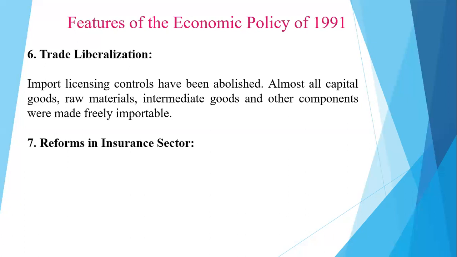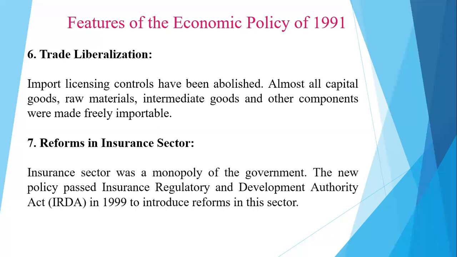7th feature, reforms in the insurance sector. The insurance sector was a monopoly of the government. The new policy passed the Insurance Regulatory and Development Authority, IRDA, Act in 1999 to introduce reforms in this sector. Under the government's FDI reforms for the insurance sector, the 4 public sector general insurance companies will be permitted to raise capital from the market.